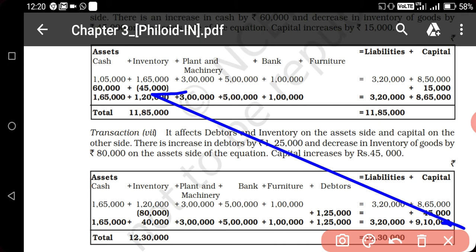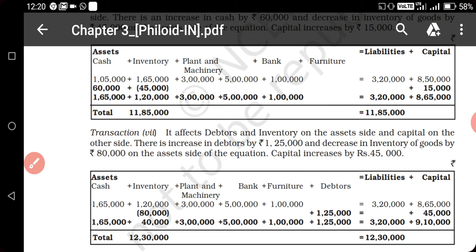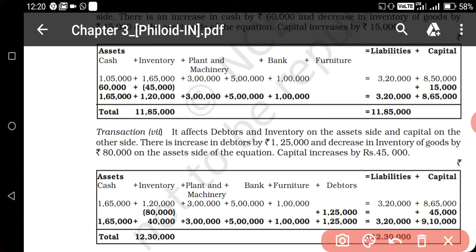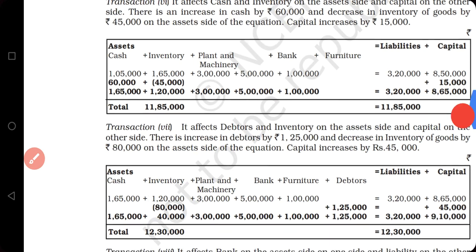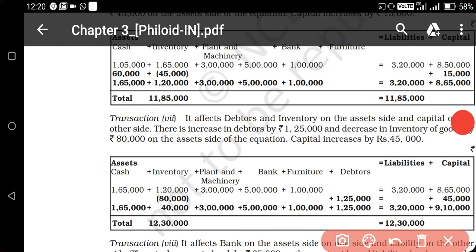So we will reduce 45,000 from the inventory or stock. Second, we have sale of 60,000 in cash. So second, our cash balance will be improved by 60,000. So cash will be added 60,000. The difference is 15,000 and that should be added into capital, rupees 15,000. Here I am indicating 15,000.